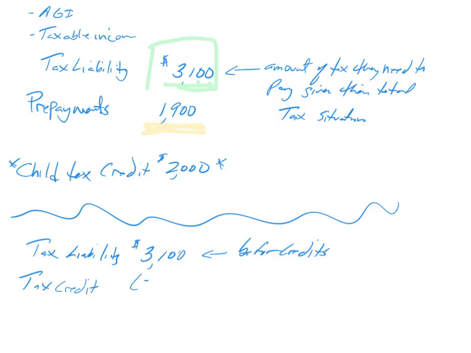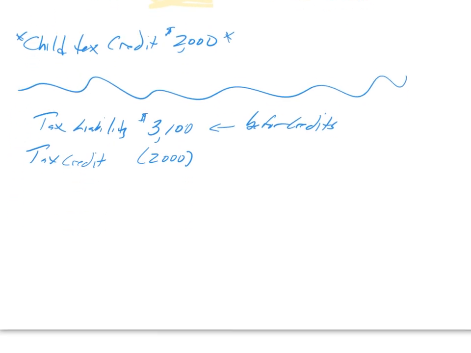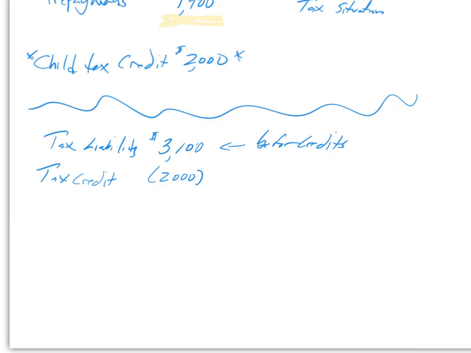And we have a tax credit of $2,000, okay? So that tells us that our tax liability after tax credits is $1,100, okay?